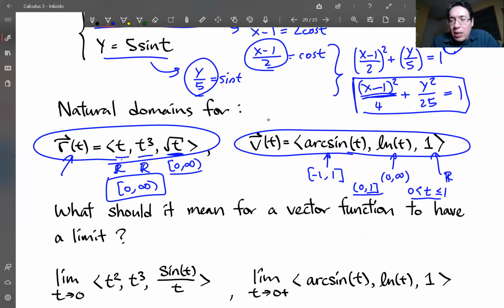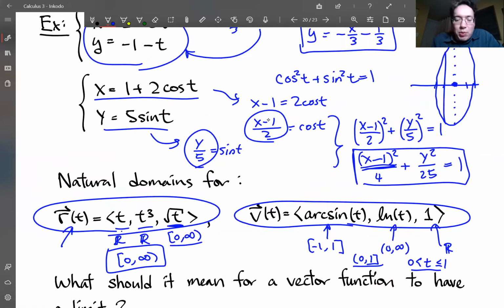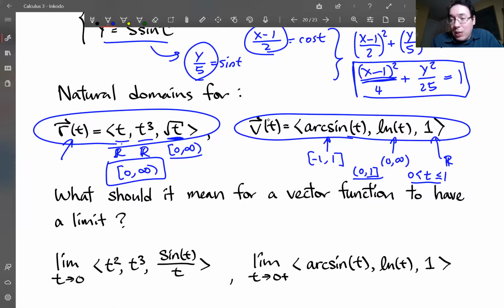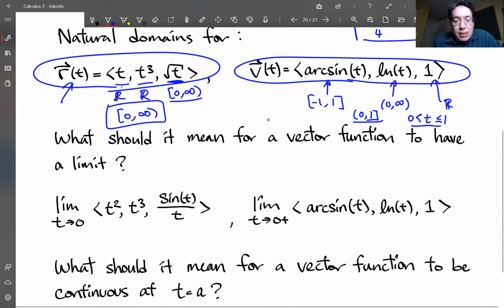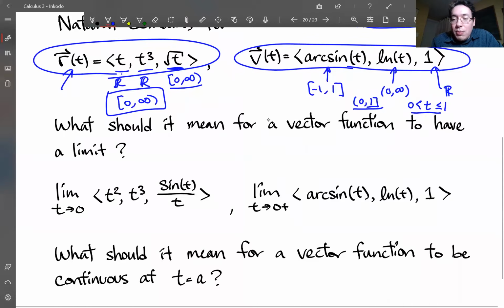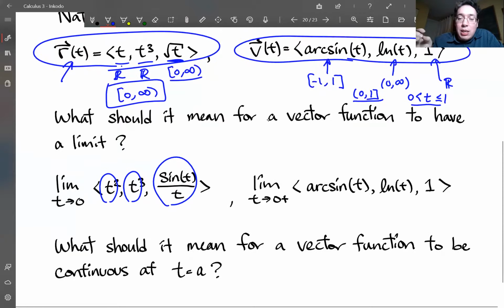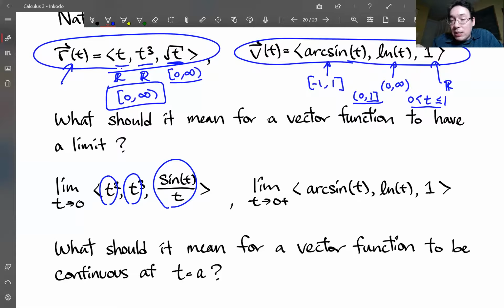Okay. So we take a similar approach when we start to talk about calculus. The first thing we're going to talk about is limits. If we're talking about a limit, we take the limit component-wise. So you take the limit of the x component, y component, and z component separately, and the limit only makes sense if all of them make sense.